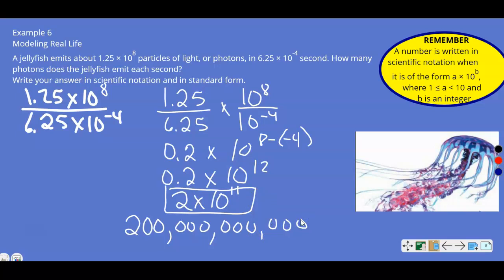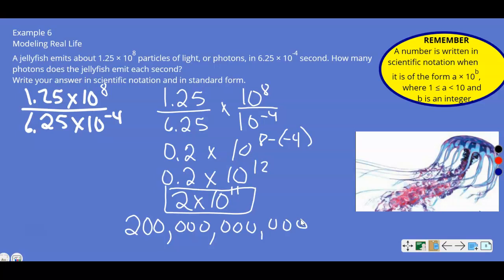So the jellyfish emits 2 times 10 to the 11th power, or 200 billion photons per second.